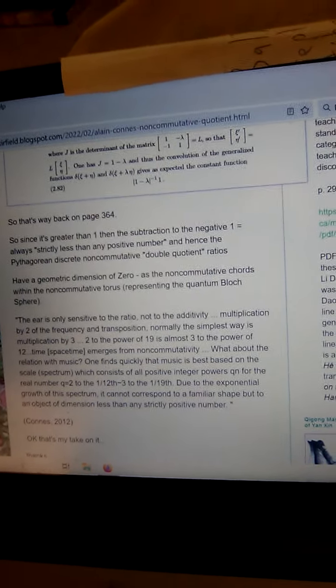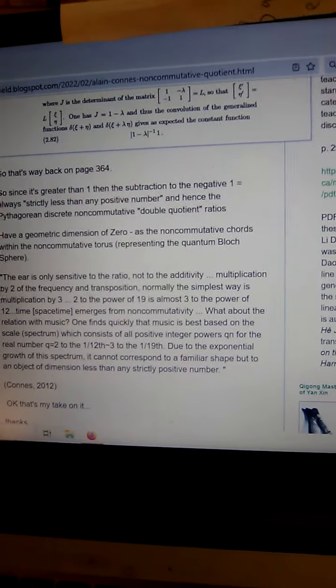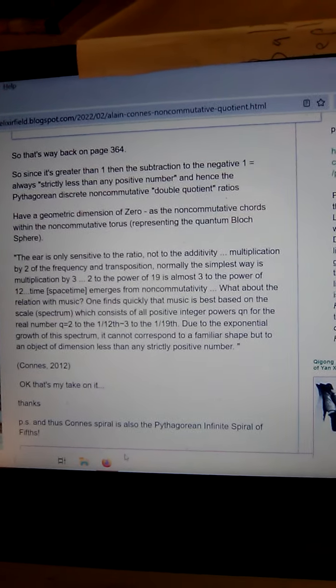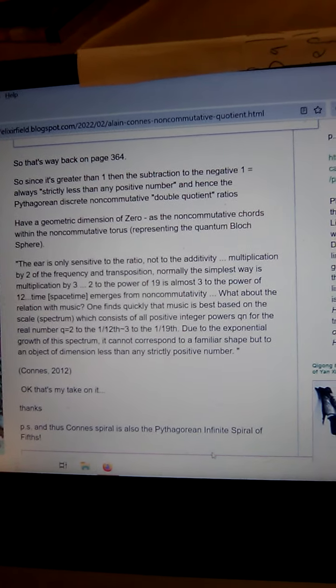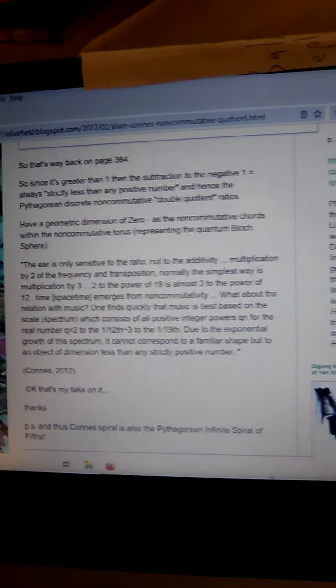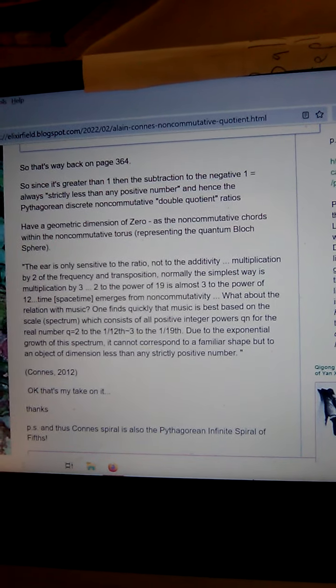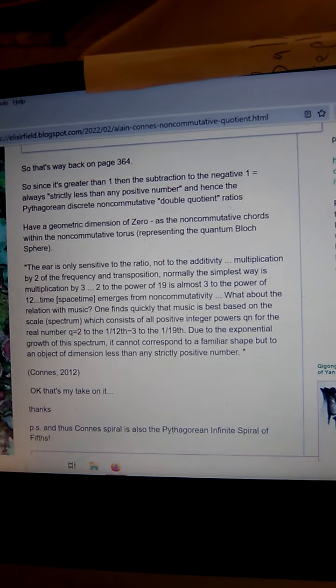So then we can go back to Connes's quote from his Music of Shapes lecture, his quantum sphere lecture, and we can see he is using both the exponential 2 to the power of 19 and 3 to the power of 12, and also the inverse of the 2 to the 1/12th and 3 to the 1/19th. And then he's saying that the inverse, because of the exponential growth, is an object of a geometric dimension of 0.